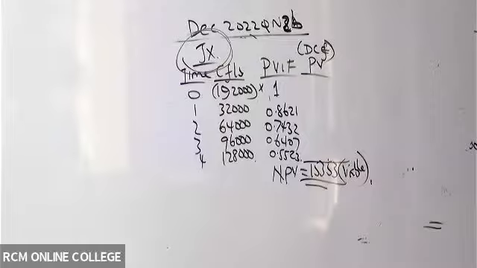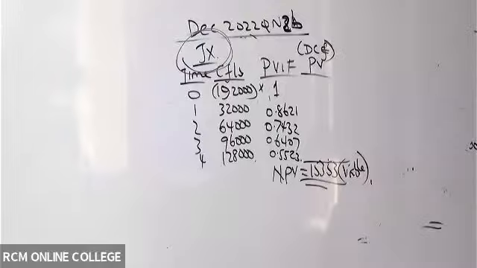So then they want us to go ahead and compute the accounting rate of return for each of those two projects.